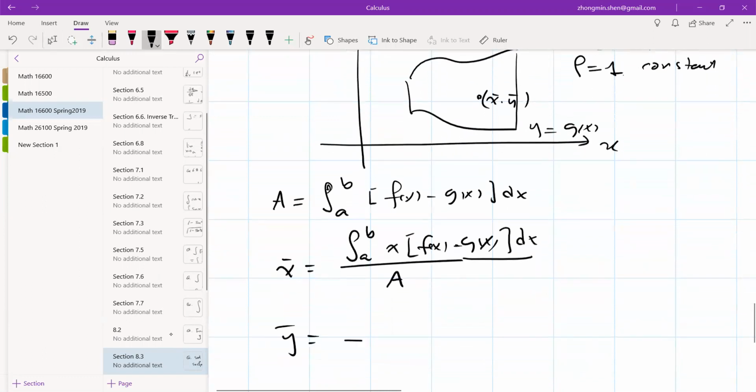And y bar is going to be 1 over A times the integral from a to b of half of f of x squared minus g of x squared.